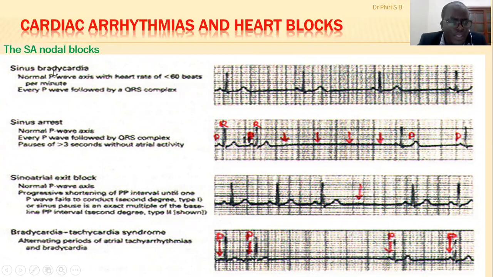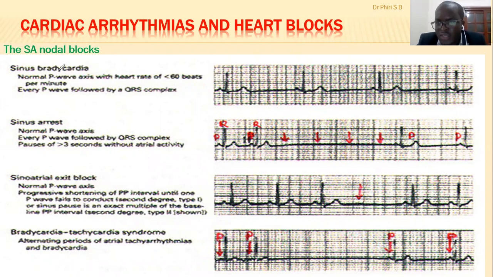So the first one here, you can see is the sinus bradycardia. Let me just use a pencil to draw so that you appreciate what is happening here. In sinus bradycardia, from the word itself, it means that the SA nodes are not firing action potentials at the normal rate.